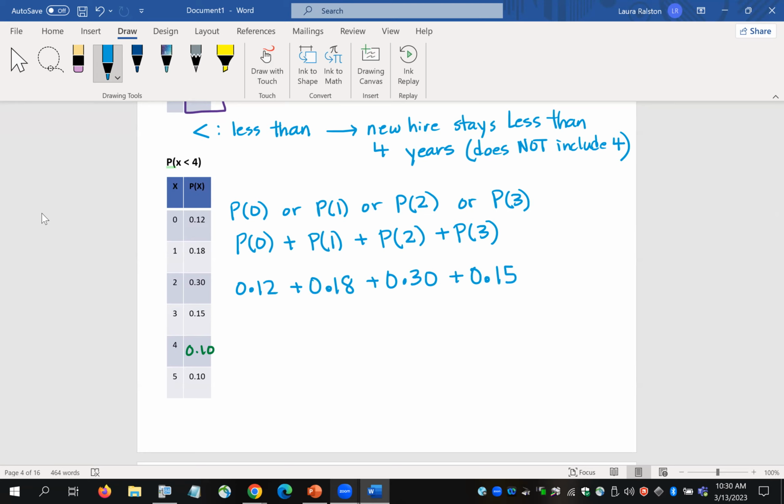Okay. 0.12 plus 0.18 plus 0.30 plus 0.15 gives me 0.75. So the probability that a new hire would stay less than 4 years is about 0.75 or 75%.